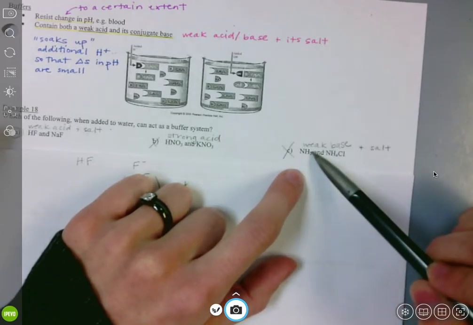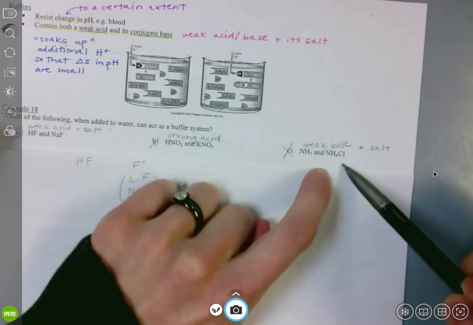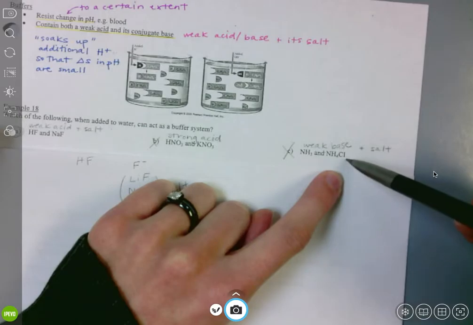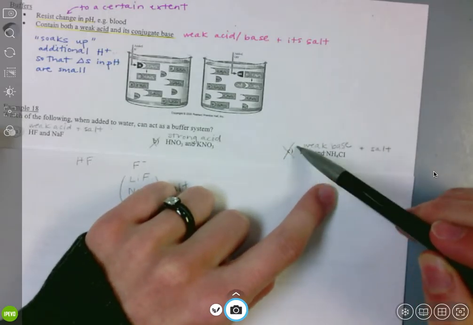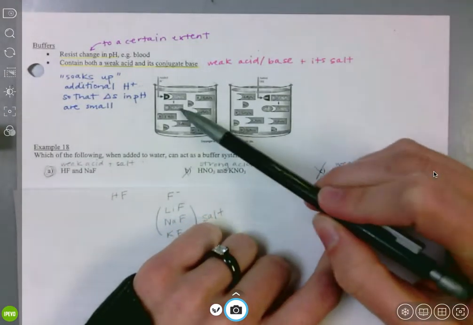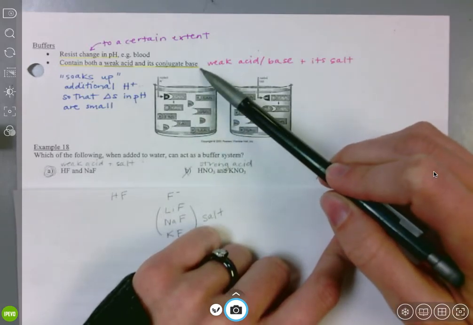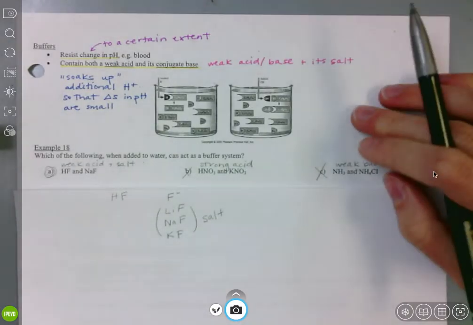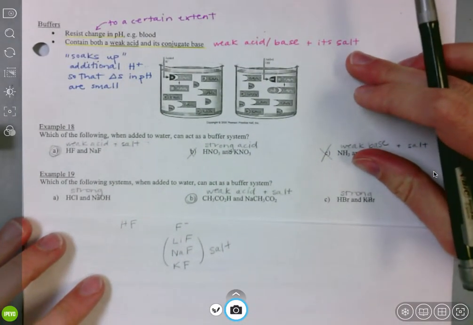So ammonia is a base, which means that ammonium chloride is its salt. So yes, it can act as a buffer system, but for our chapter handout purposes, we're going to say no. But yes, it technically can. Let's be consistent with the chapter handout.